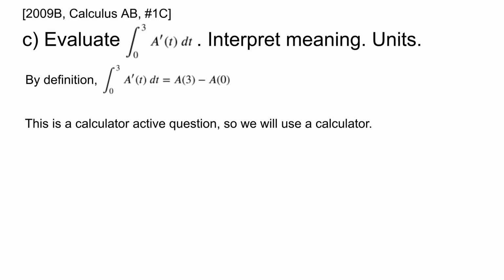And since this is a calculator active question, we can use our calculator to find that difference. The integral from 0 to 3 of A prime of t dt, which is going to be A of 3 minus A of 0, turns out to be 24.201.